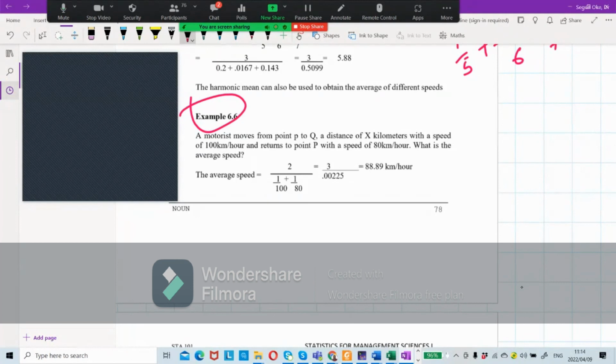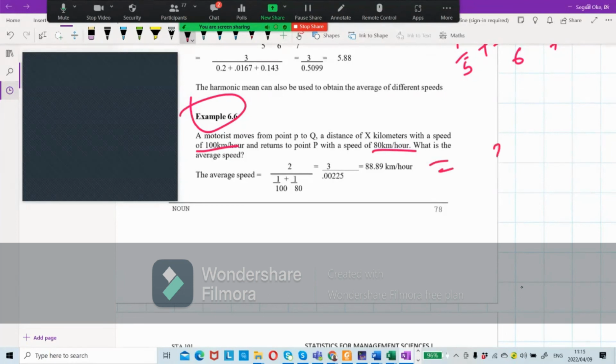So we all know how many times he moved. How many values do we have? We have 100 first, and we have 80 second. So I know there are 2.